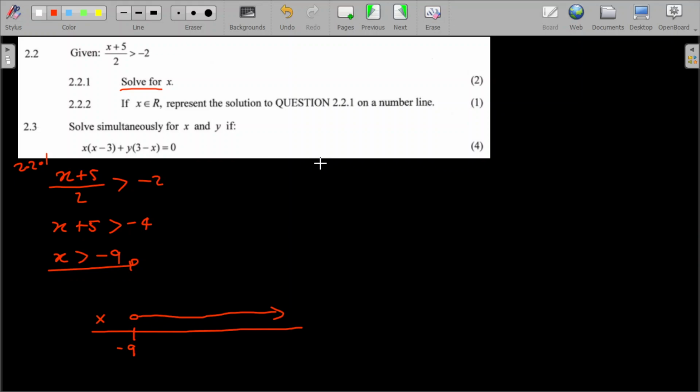Now 2.3, here they're saying solve simultaneously for x and y. So I have x times (x minus 3) plus y times (3 minus x) equals 0. Now from here, I hope you can see that this and this look more or less the same, but they're not the same.